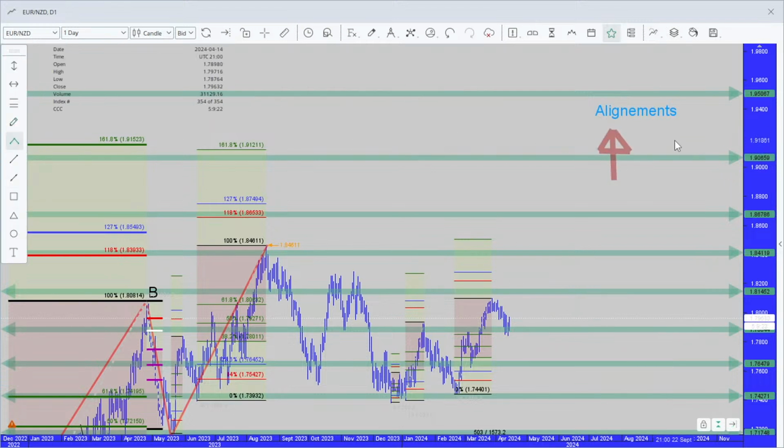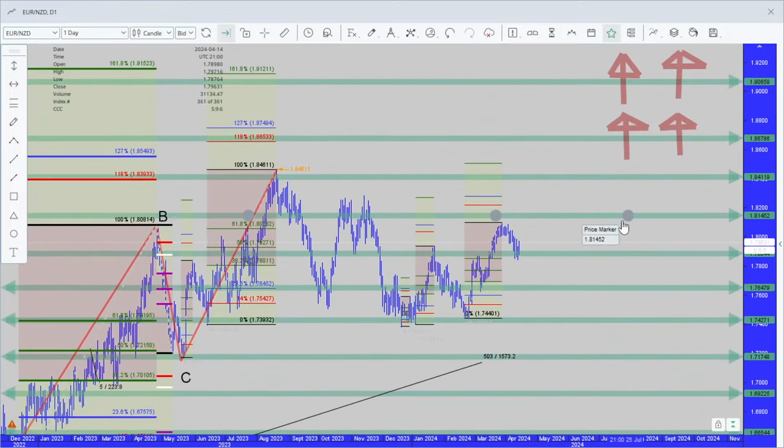The 4-hour confirmation Fibonacci is up. The daily original Fibonacci is up. And the daily confirmation Fibonacci is up. Do we have great alignment, probability wise? Do we have great alignment, everybody?